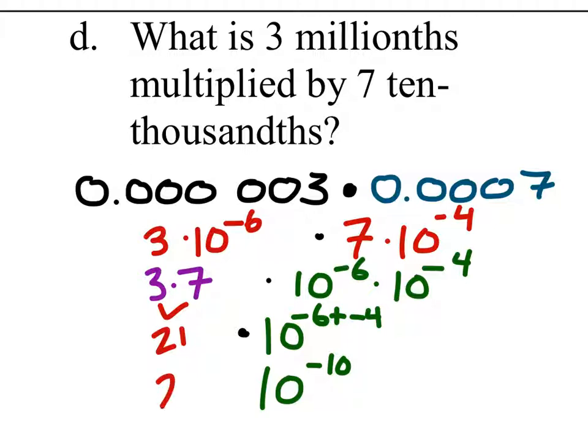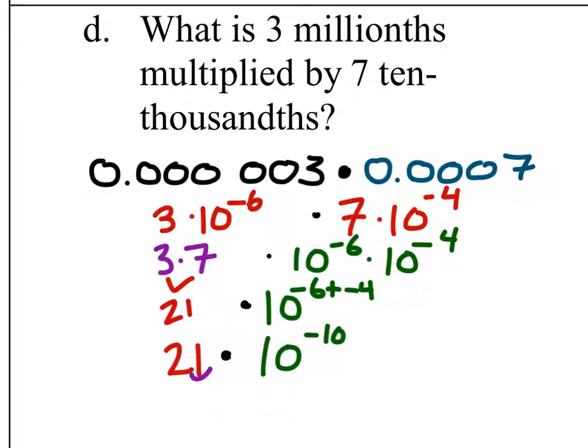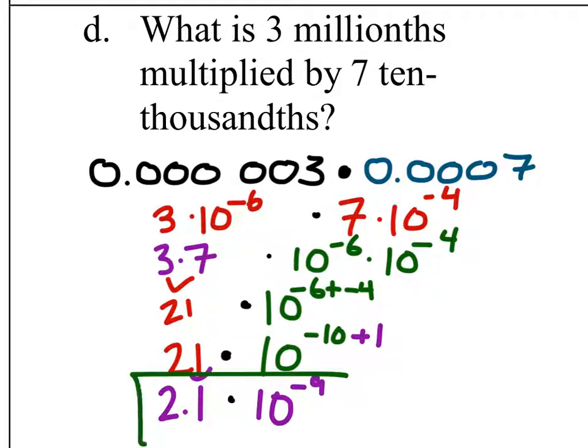And I got 21 times that. Well, the 21 has a decimal in the wrong place, so we need to make that number a little bit smaller, 2.1. And since I made that number smaller, I'm going to have to make the exponent 1 bigger. So that's 10 now to the power of negative 9. That's it.